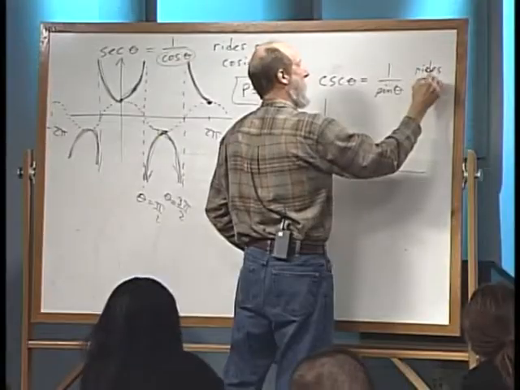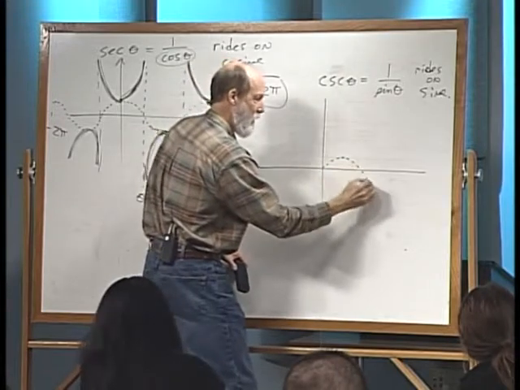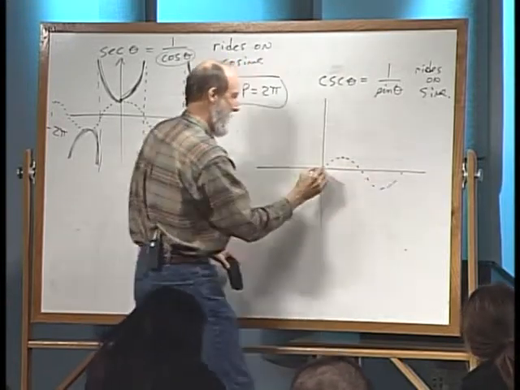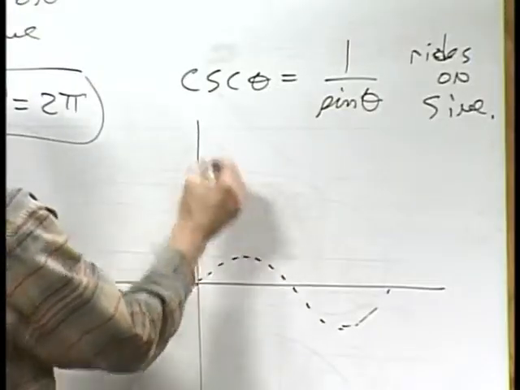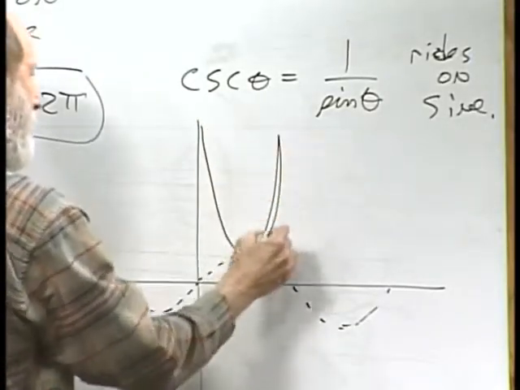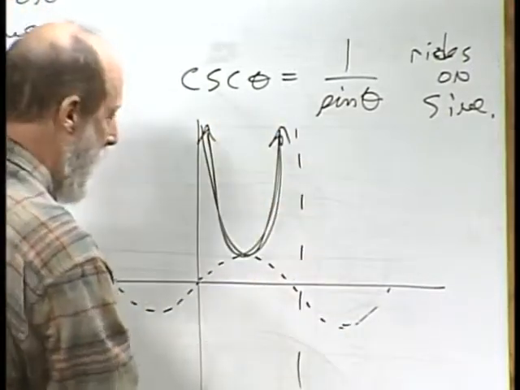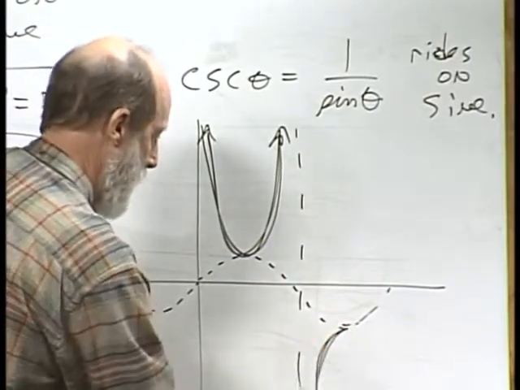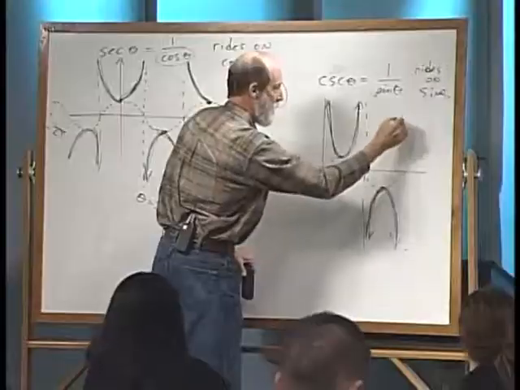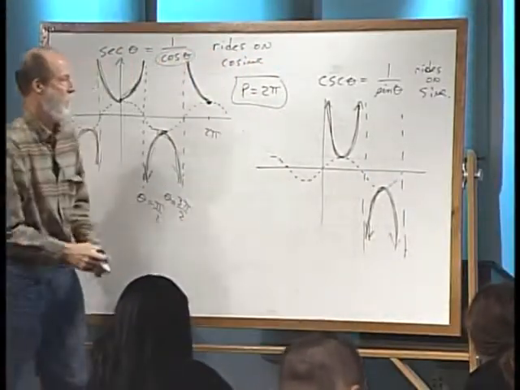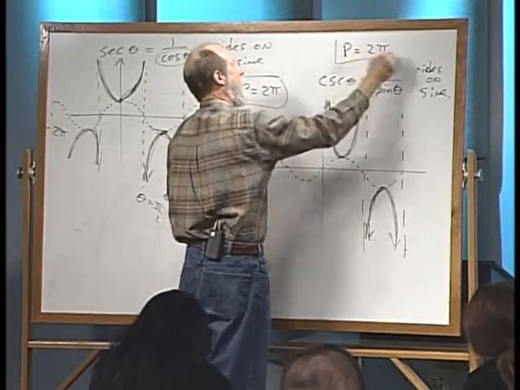So you mentally think of a sine graph doing its thing, and simply lay it on there like this. I can give you a more sophisticated explanation of that later, but all you have to do is remember that, and that'll help you immensely as you move further along in math and science. Again, the period of this one is 2 pi, just like the other.